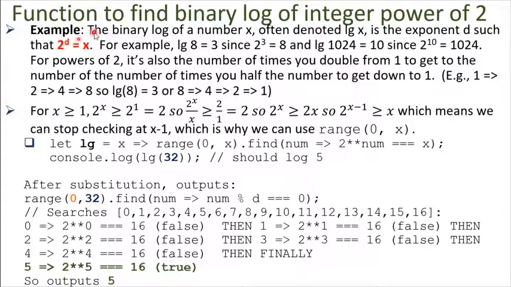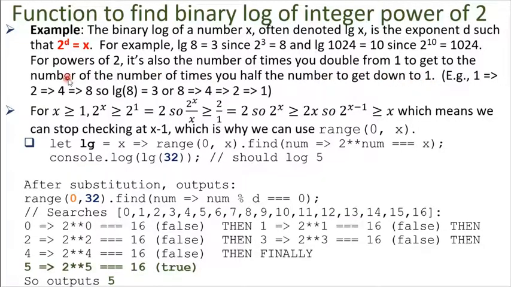2 was raised to. So as an example, if you had the log of 8, right, 8 was an example of 2 to the third, so the binary log of 8 is 3, right? The log of 1024 is 10, since 2 to the 10th is 1024. So another way of thinking of the binary log, for powers of 2, is the number of times you can double from 1 to get to that number, or the number of times you halve the number to get down to 1.